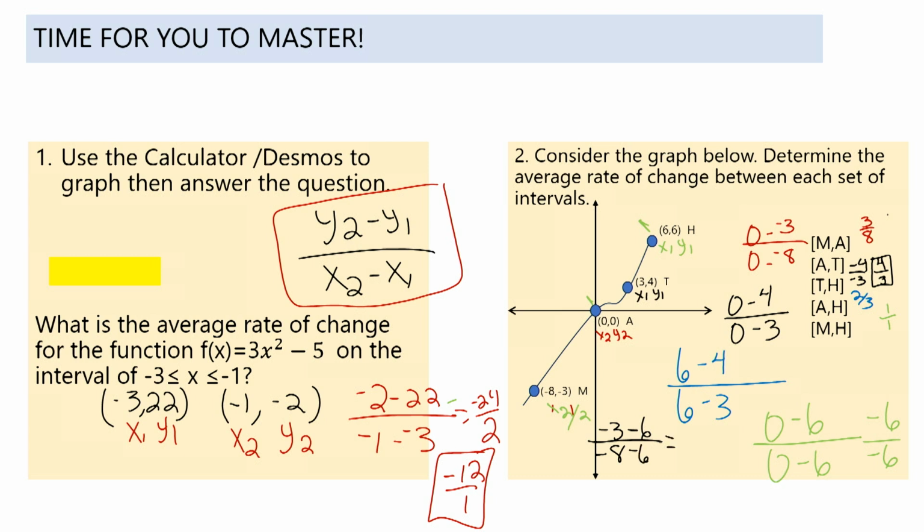You can plug that into your calculator. I'm going to do that. I'm going to put my fraction in and put negative 3 minus 6 in my numerator, negative 8 minus 6 in my denominator, and I get positive 9 over 14 because a negative divided by a negative is a positive. Good job.